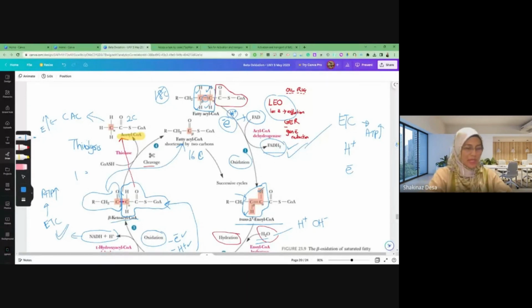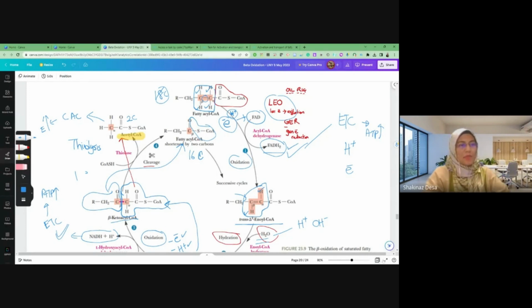The 16 carbon later on will bind to CoASH, combine with this CoASH, so it becomes a new fatty acid. But this fatty acid only has 16 carbon. That 16 carbon will go through the cycle again. From 16, cleave another 2, 14 carbon.